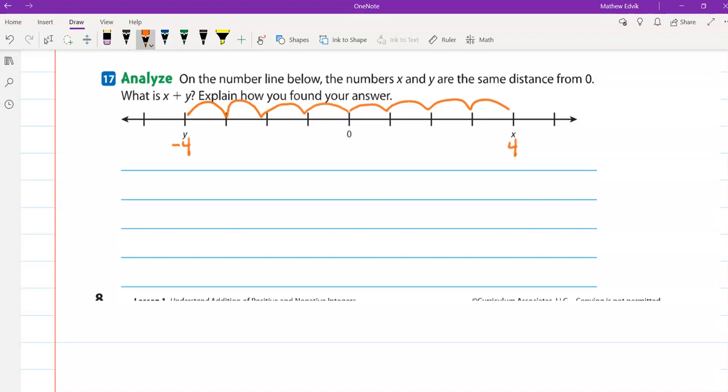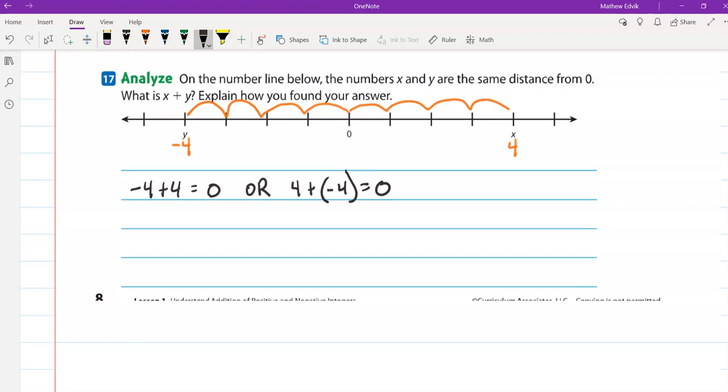And so one of the answers that we could put in this one is that -4 plus 4 equals 0. Or 4 plus -4 equals 0. And remember, when we write the negative number as the second number that you're adding, we've got to put the parentheses there to separate it from the plus sign.